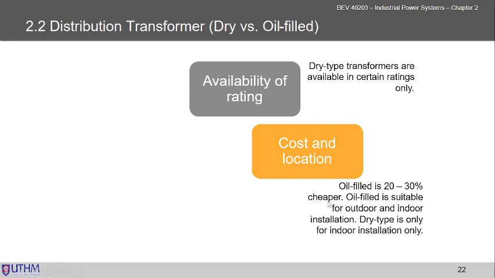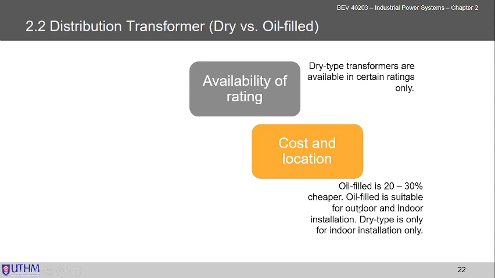Meaning when you choose the same rating of transformer, let's say a 1 MVA transformer, you compare the dry and the oil type. Of course the oil type is cheaper, because the dry type has special insulation and special windings, sealed with epoxy, for example, so it is much more expensive.